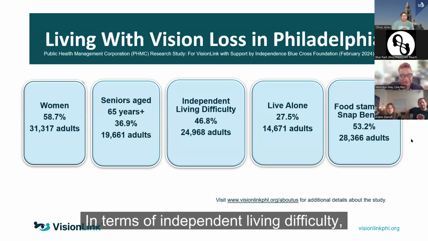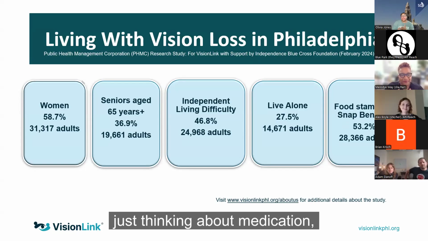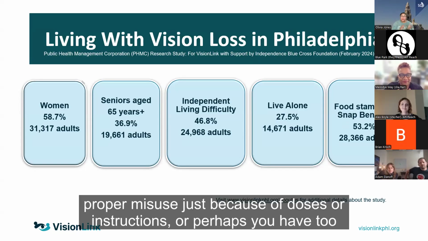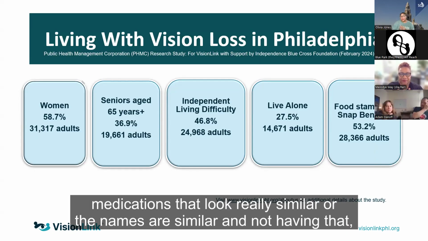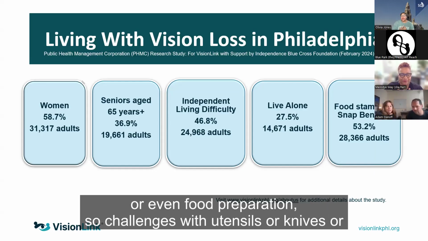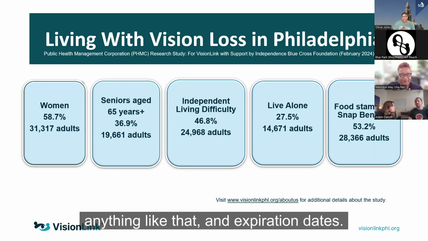In terms of independent living difficulty, just thinking about medication misuse because of doses or instructions, or perhaps you have two medications that look really similar or the names are similar. Or even food preparation, so challenges with utensils or knives, and expiration dates.